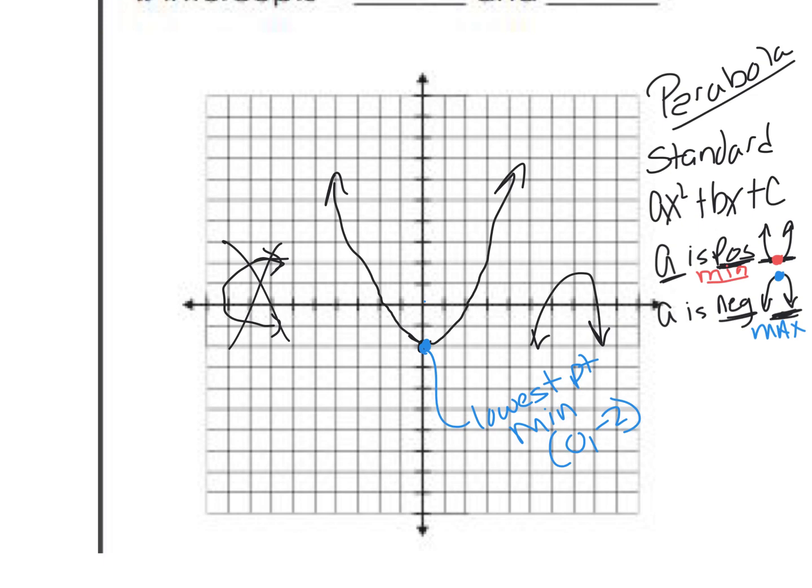We can also identify some other points. If we look here, we can see that we have our x-intercepts. And another name for x-intercepts when you're graphing a quadratic is your roots or your solutions.